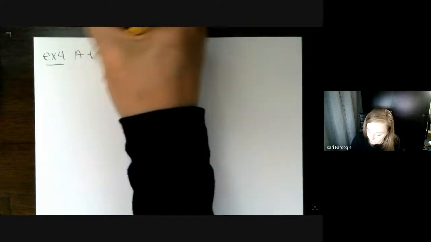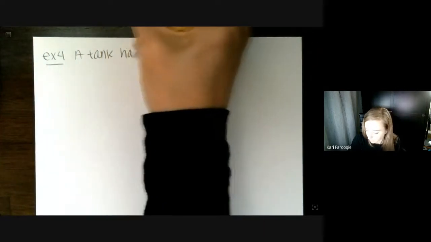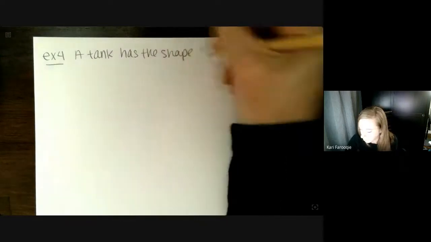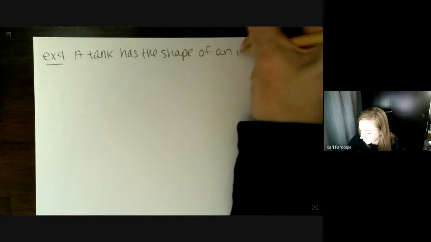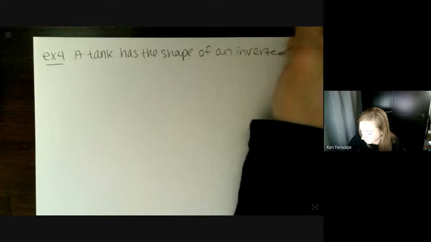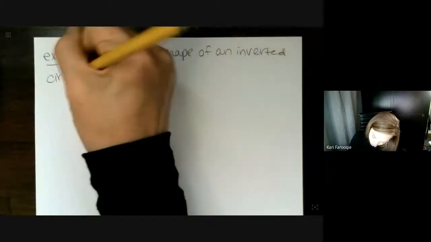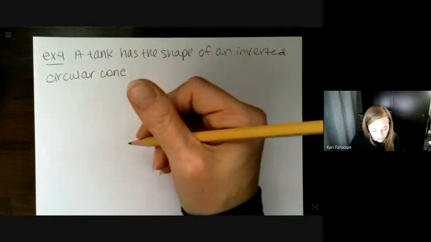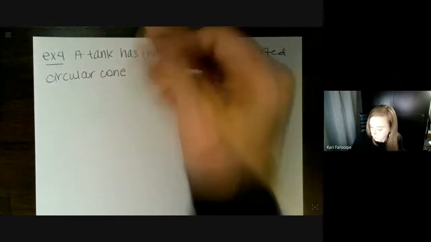A tank has the shape of an inverted circular cone. I think you're going to see some of these on your homework. It has height 10 meters and base radius 4 meters.